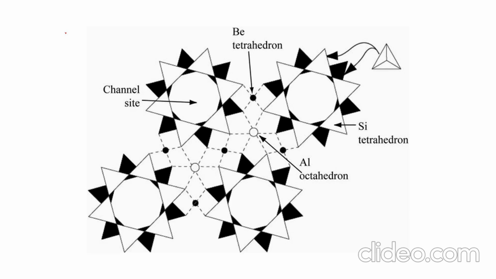And sometimes these channel sites consist of sodium or cesium, in alkali beryl, sodium or cesium. It can be found here in large amounts in these vacant channels.